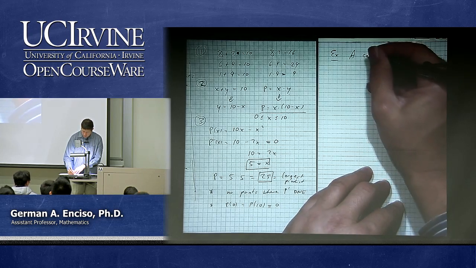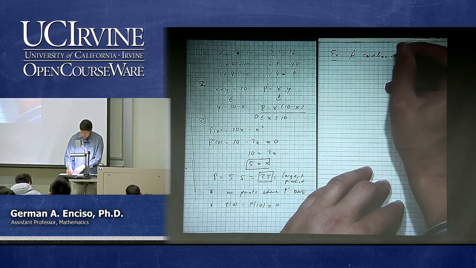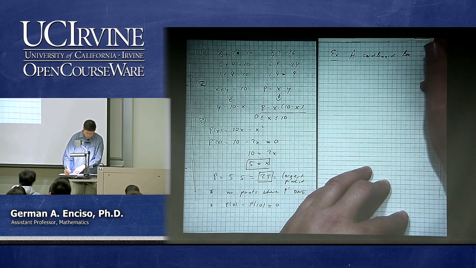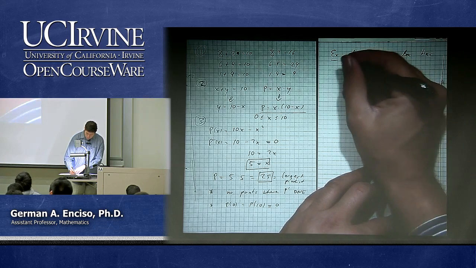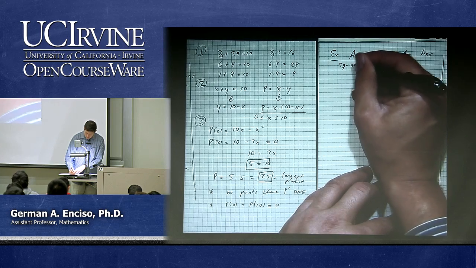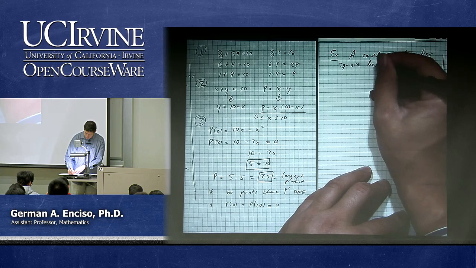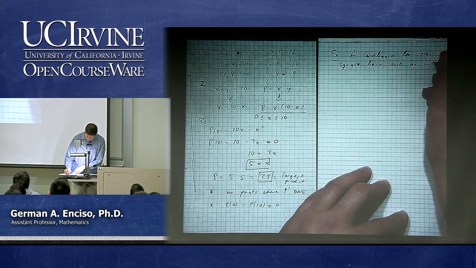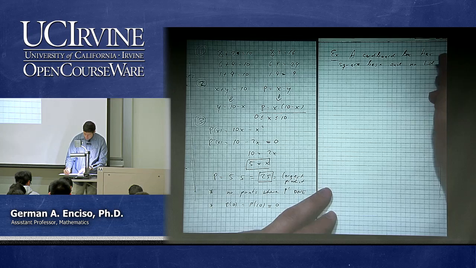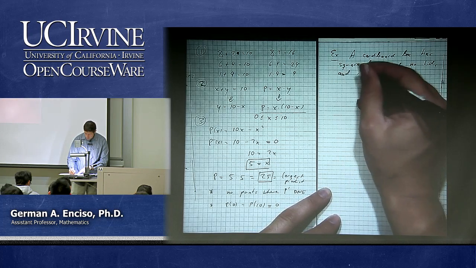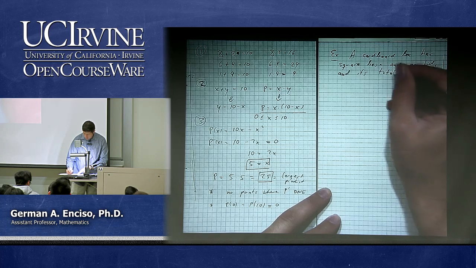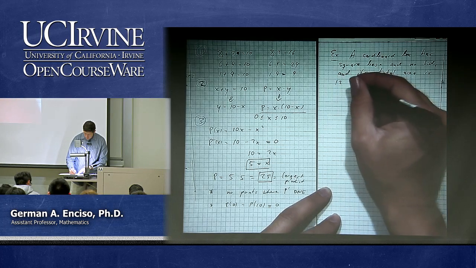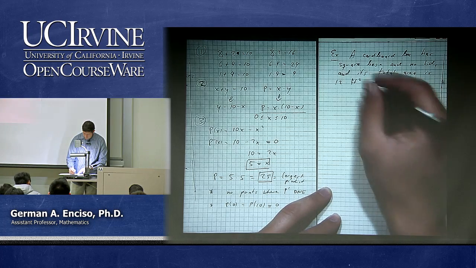A cardboard box has a square base and no lid, and its total area is 12 foot square.